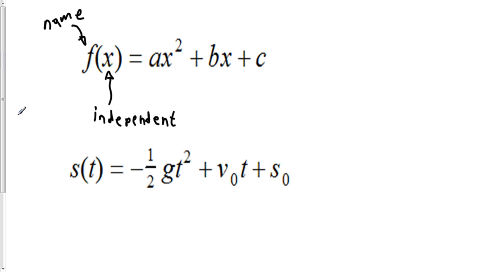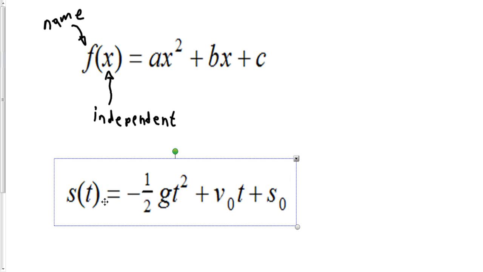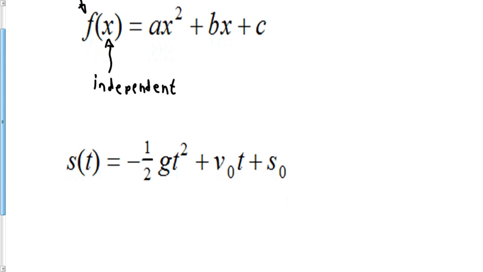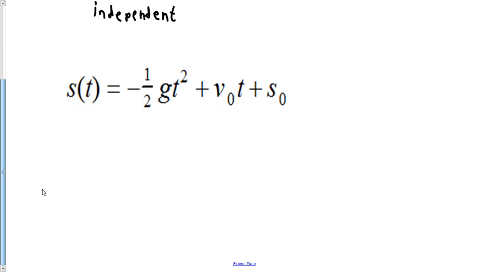So one thing that this is used for in physics is for the height of an object, a projectile actually, that is projected and then starts to free fall. In this case, the independent variable, the input that you have to plug into the expression, is time.